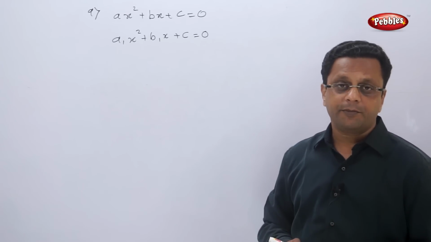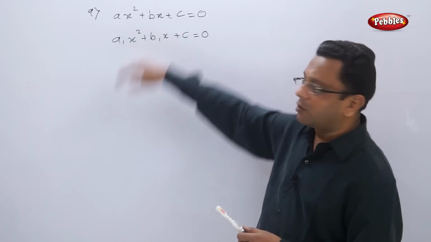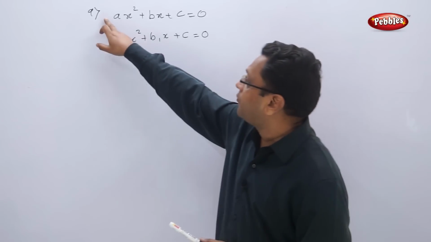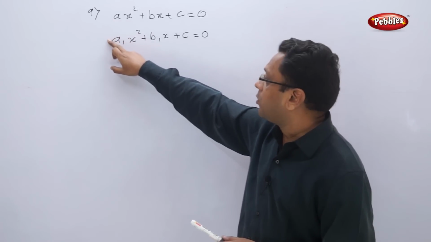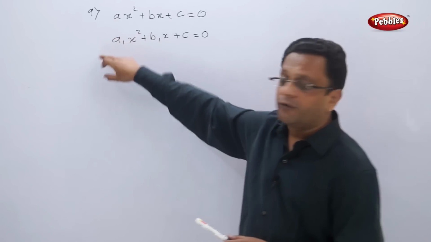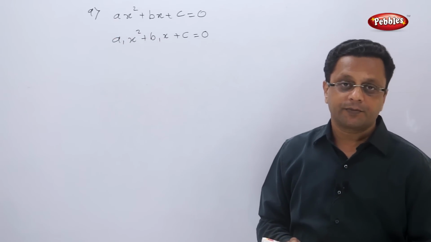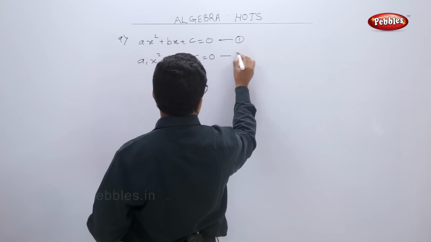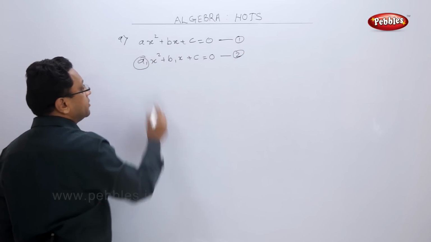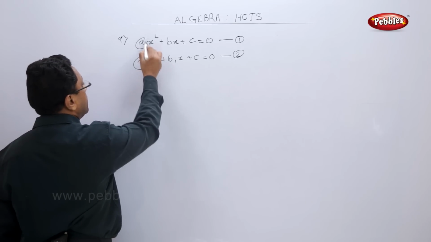What do you do generally? If this is not a quadratic, let us consider what you do. You multiply the first equation by the coefficient of the second equation and the second equation by the coefficient of the first equation. If this is the first equation, this is the second equation, we will multiply the first equation by a1 and the second equation by a.